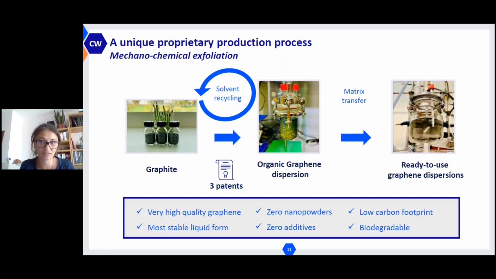It's already dispersed, so it's easier to disperse it after in other matrices. We do not have to work with nano powder, which is better for security and environment. We also do not need other additives or surfactants to get our dispersion stable. And we have shown that our graphene is biodegradable.